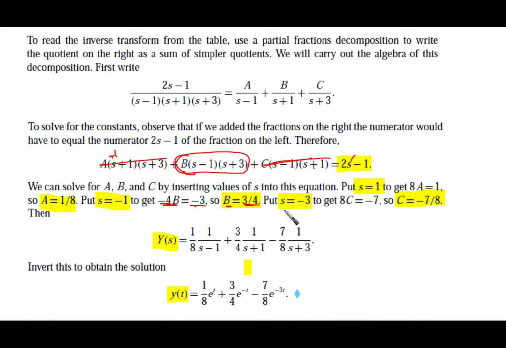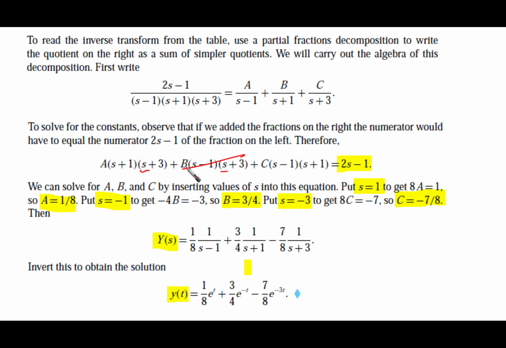In a similar fashion, if we put s equal to minus 3, so you are searching for something that makes the other two terms vanish, and the only remaining term is going to be there. This would happen if we want to get rid of b and a. This means that s needs to be minus 3.